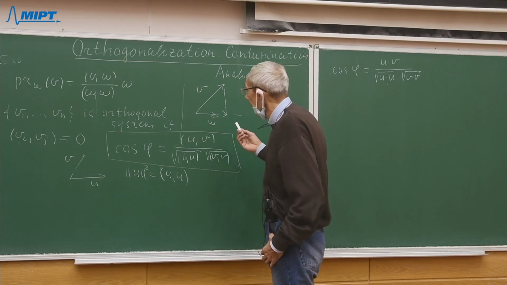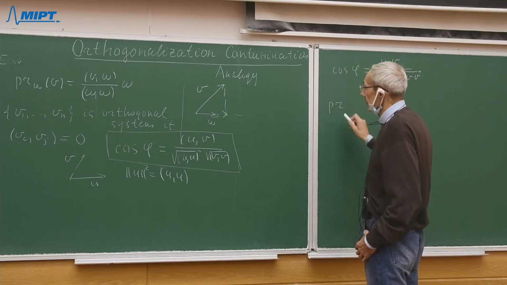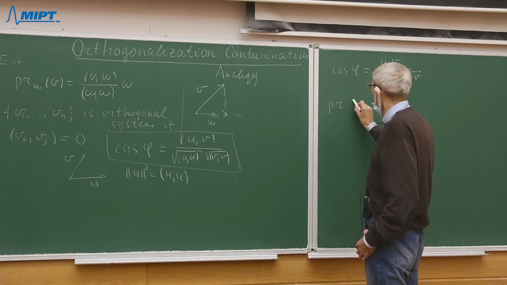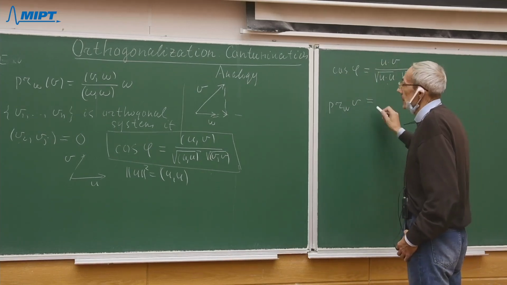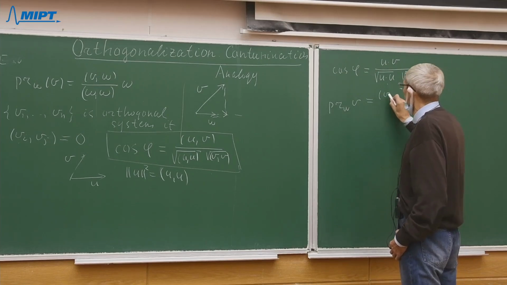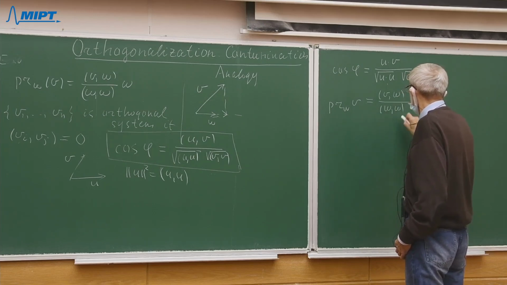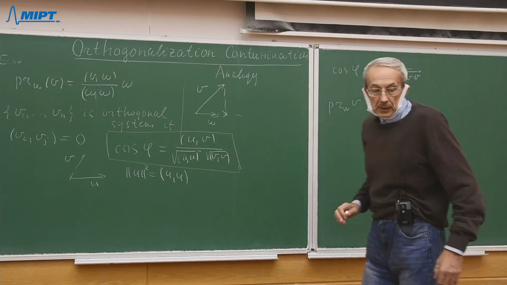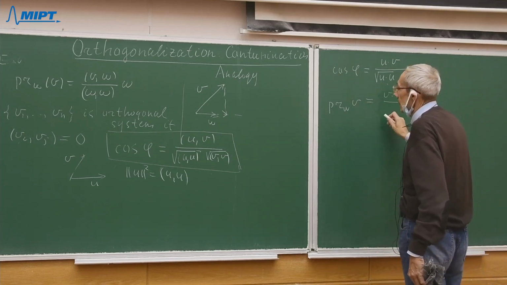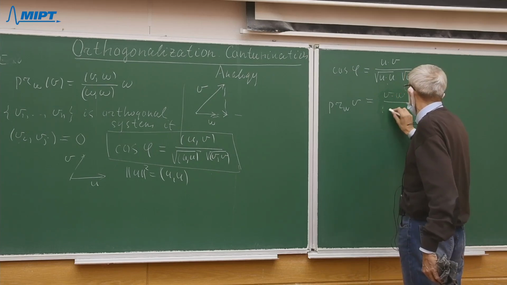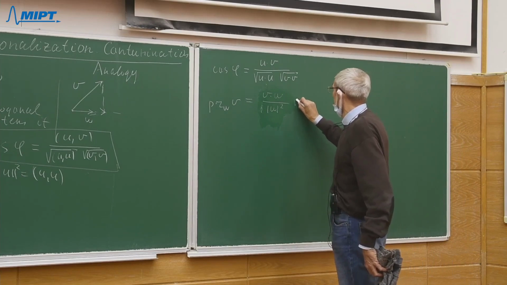Namely, I recall that for the dot product we have the projection of one vector v on another vector w as a ratio of the dot product vw and the length of the vector w.